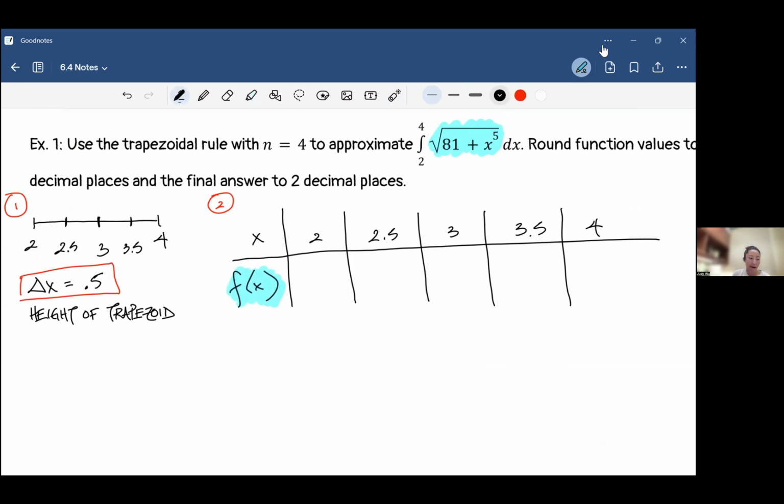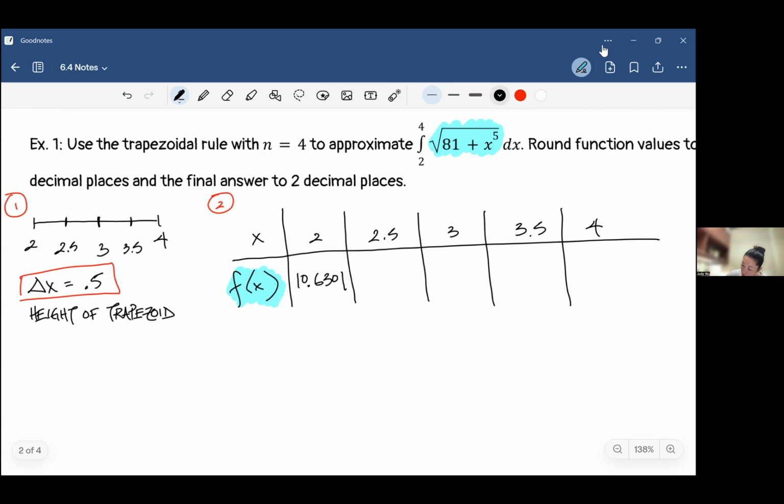All right, now I've cheated a little bit. I've already calculated these all out, but this is a good time to pause and do your own calculations and see if your values match my values, okay? But when I plugged 2 into the function, I got 10.6301. Now remember, we're only going to 4 decimal places, so there's probably a lot more, but I rounded to 4 decimal places.